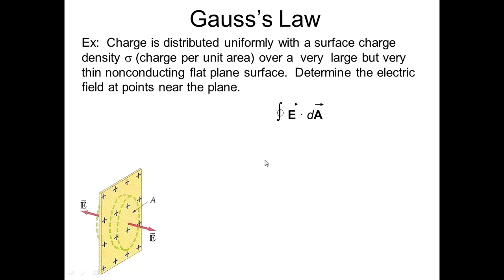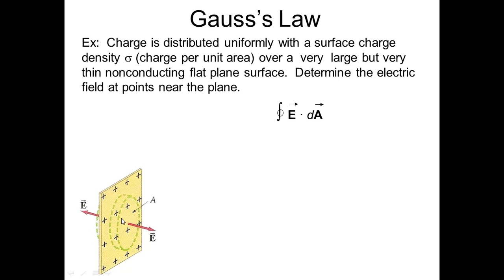Gauss's law says I would sum up all the E field and E dot dA elements. Be careful that you make your cube, or your cylinder, or your rectangular prism go on both sides of the plane. Notice how mine's sticking out over on the other side too.